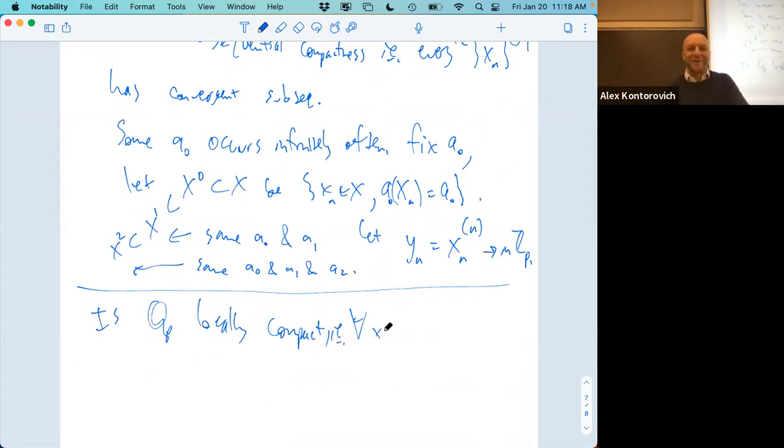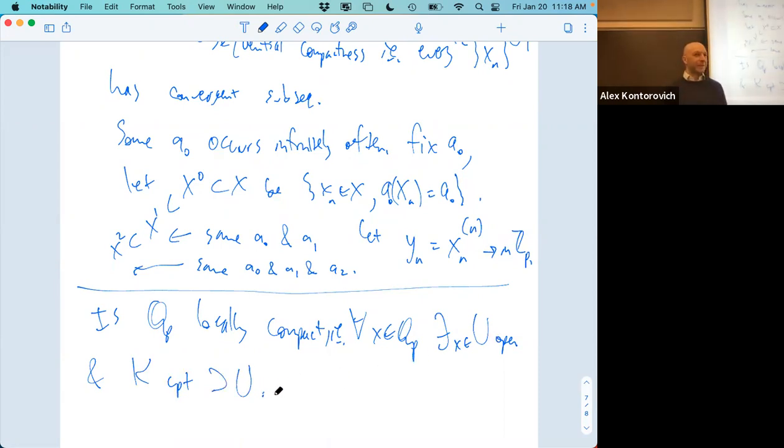For every point x in Qp, there exists an open set around this point, and there exists a compact set that contains your open set. Okay, so that's local compactness.